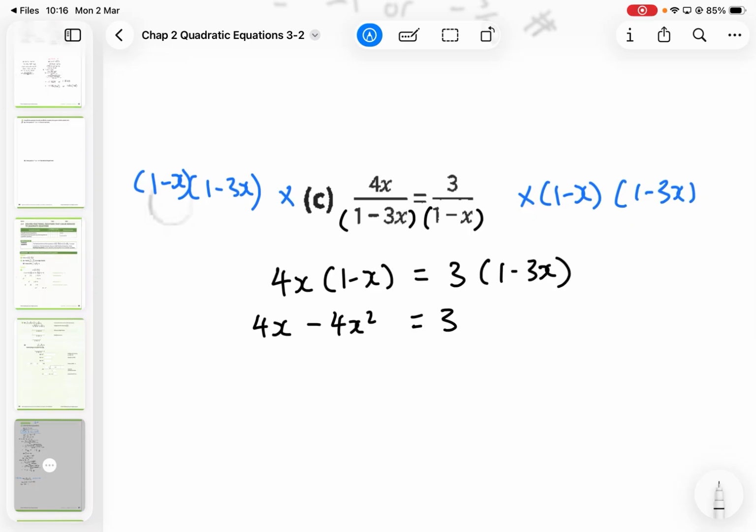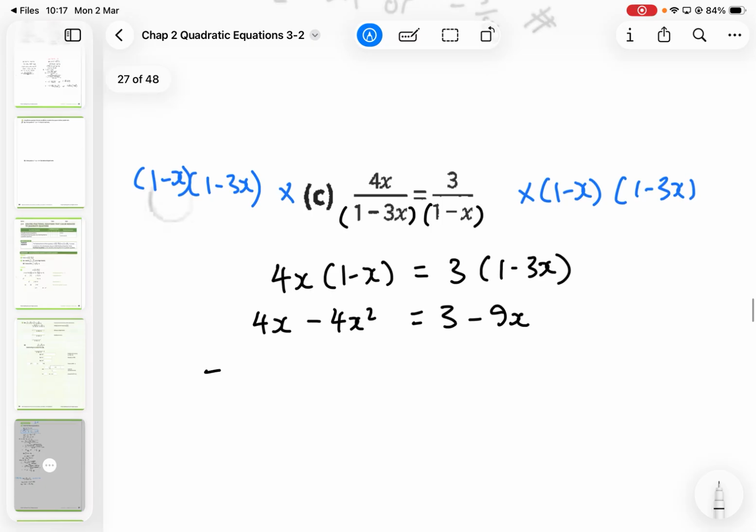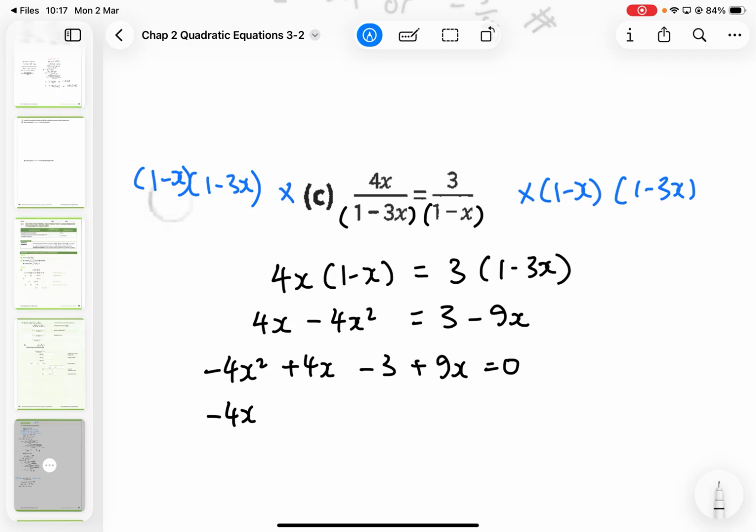Okay, then do your substitution. Okay, can? Okay, finish up this question. Then homework, part D, part E. Try. You all have to practice. Can?